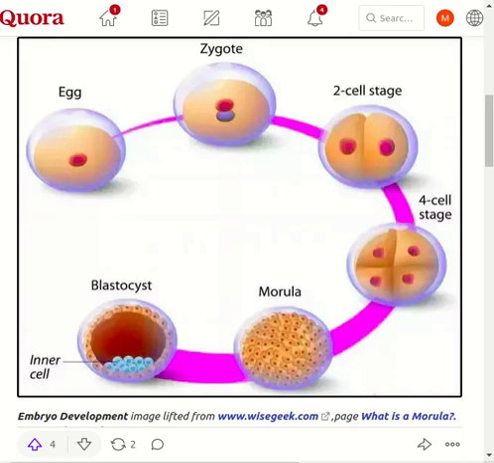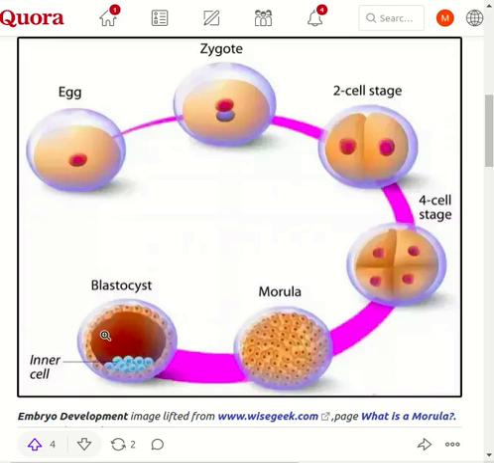What does morula mean? Mulberry. Very good. And so then by day 5, what is it called then? A blastocyst.